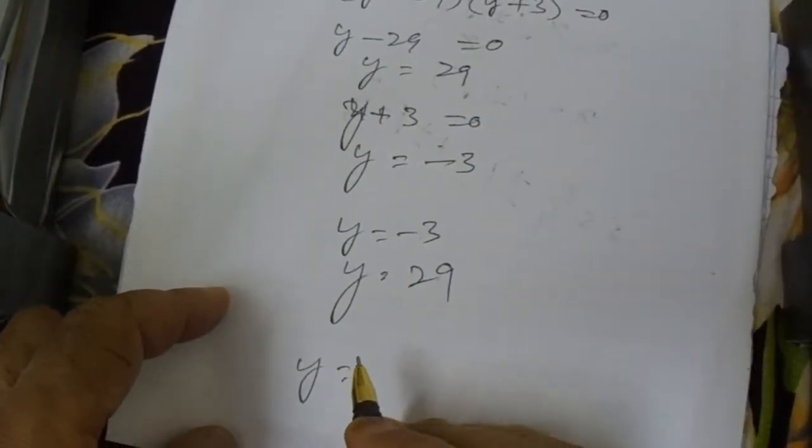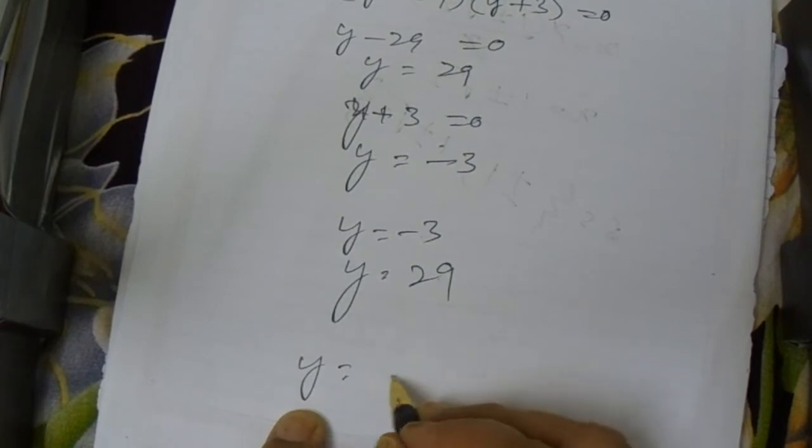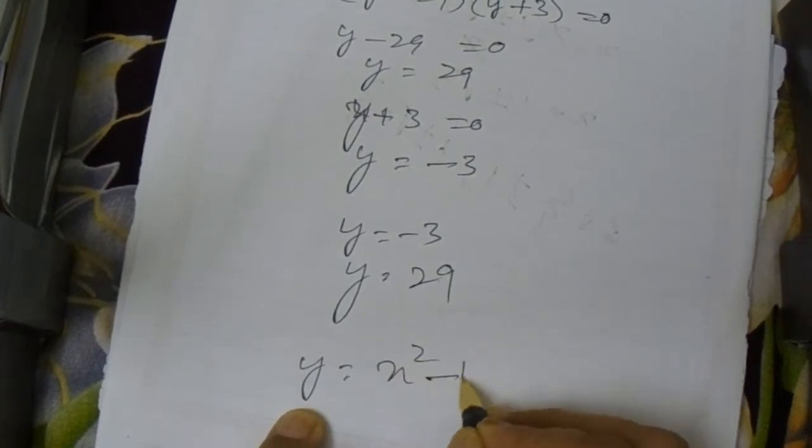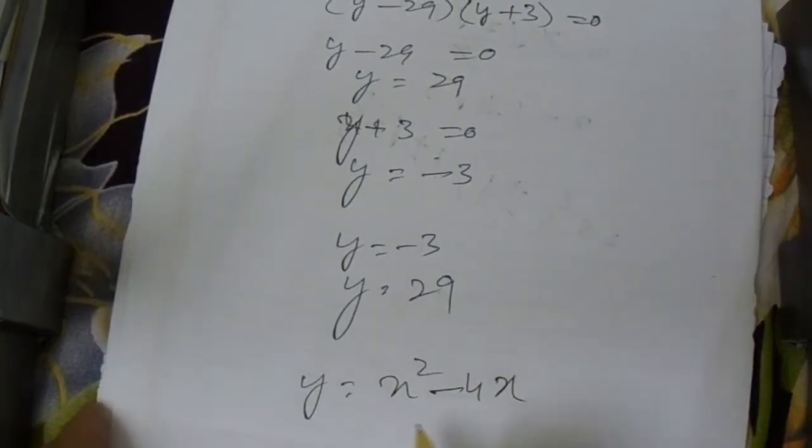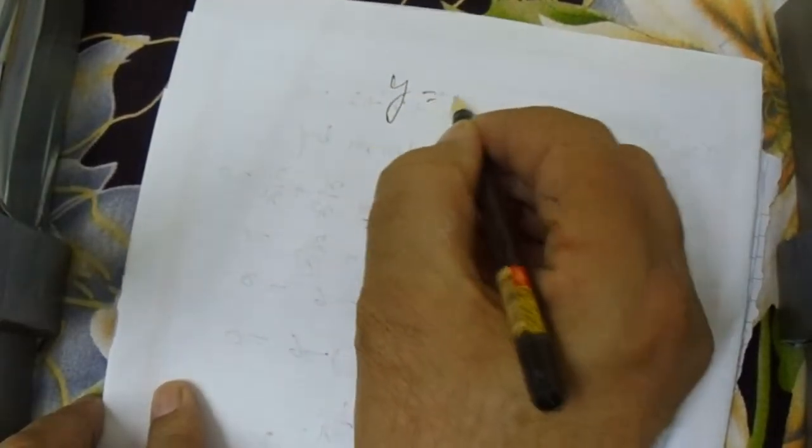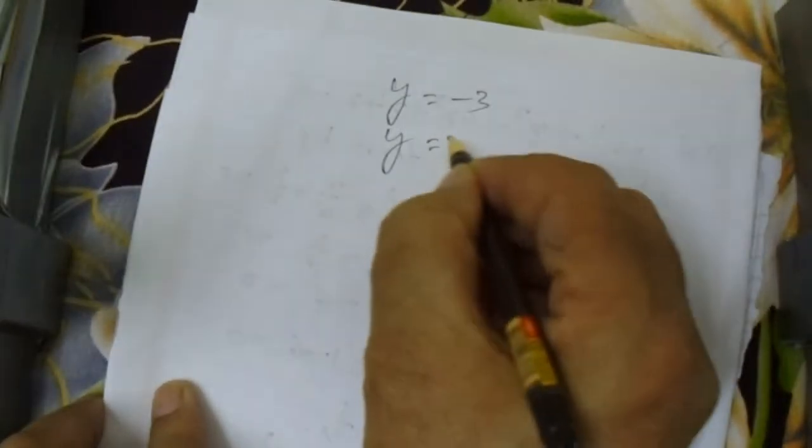Before, we put y equal to x square minus 4x. Now we take these values and solve the next. Here we write again y is equal to minus 3 and y is equal to 29.